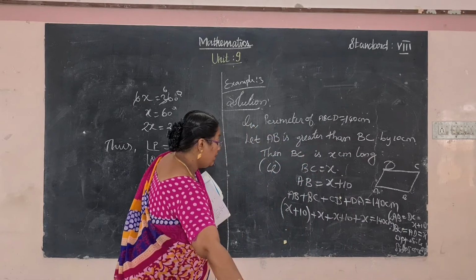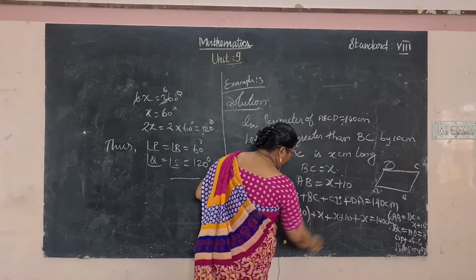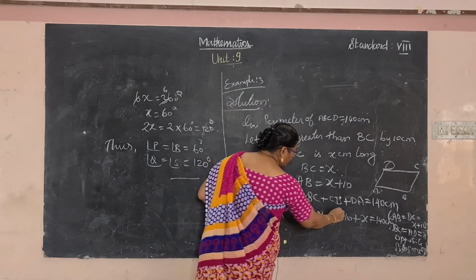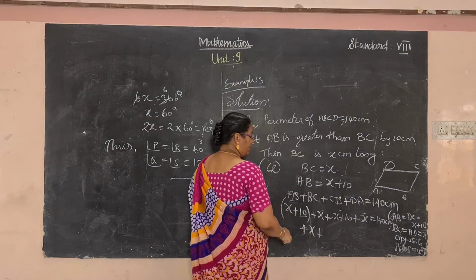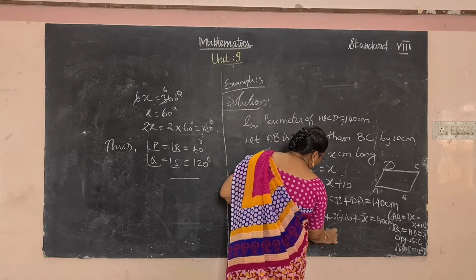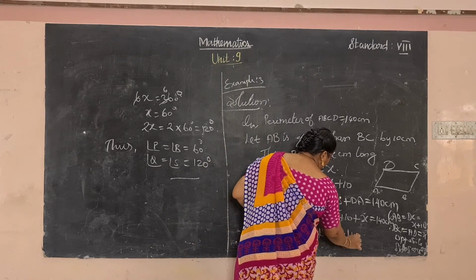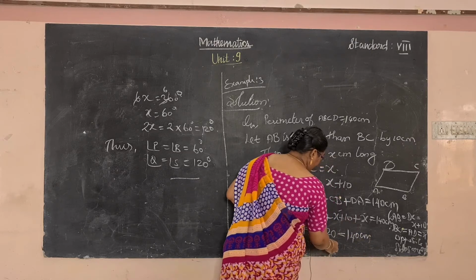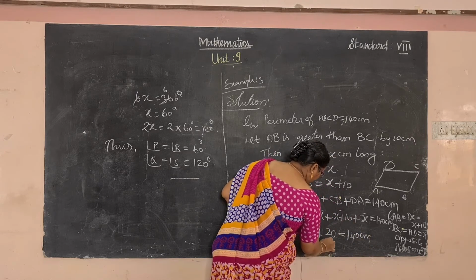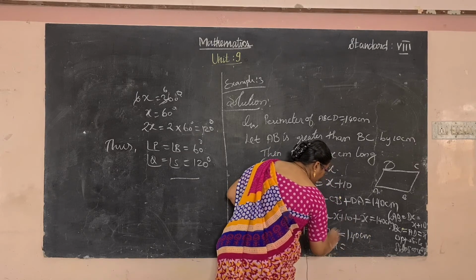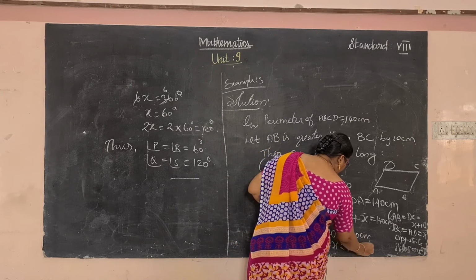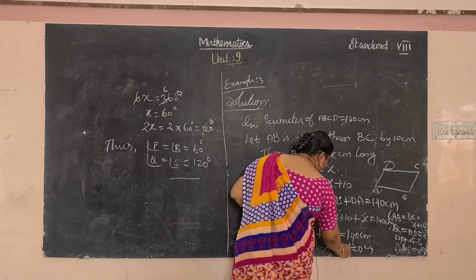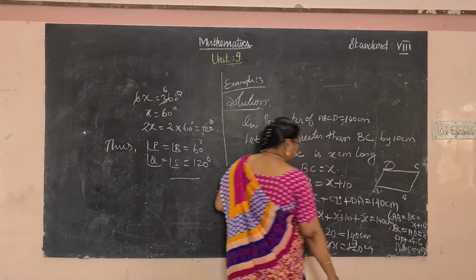So add all the variables: 1, 2, 3, 4, so 4x. Add all the numbers: 10 plus 10 is 20. Here 140 centimeters. And then 4x plus 20 is 140, move it to that side by using the transpose method: 120. Simplify, 4 threes are 12.